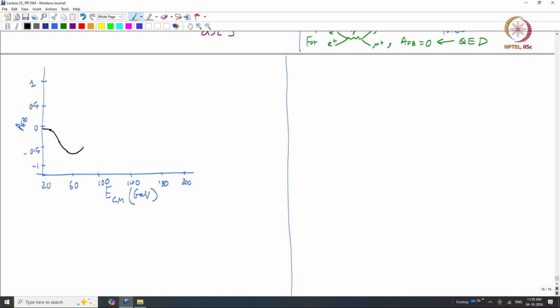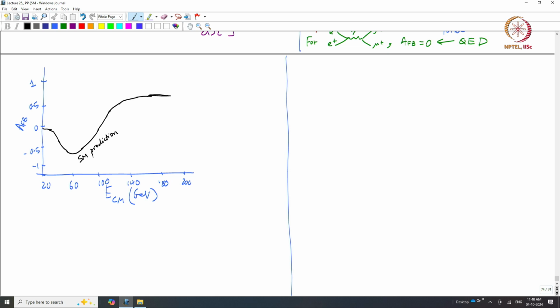It turns around, and at around 100 GeV it crosses 0, and it keeps going, gets a little above 0.5 at around 140 GeV, and then stays roughly constant. This is in black the standard model prediction for the forward backward asymmetry. I'll explain why you get this in a second.